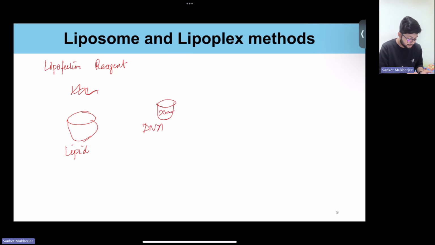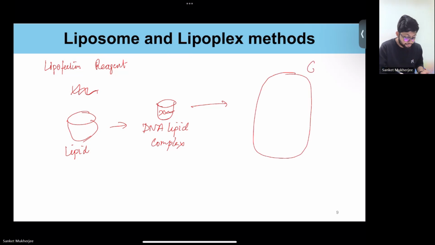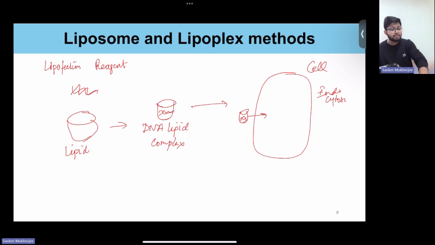It's a DNA lipid complex. And then this complex goes inside the cell through a process called endocytosis. So this is how it works.